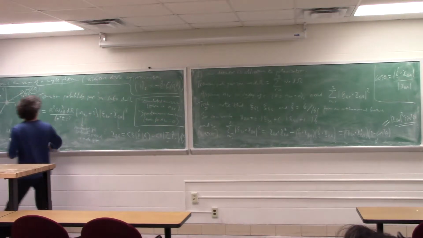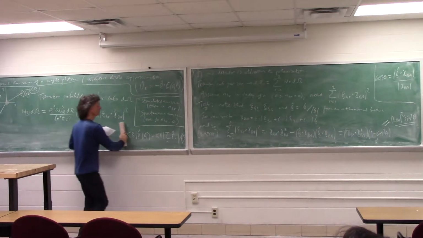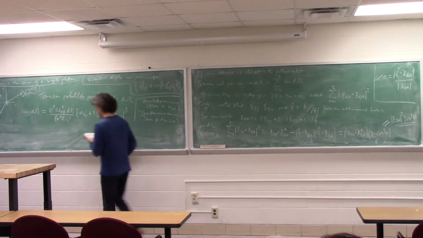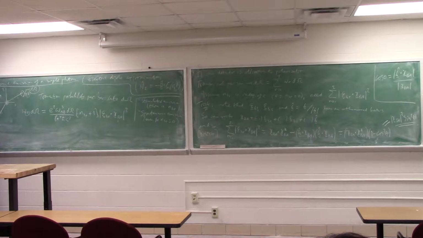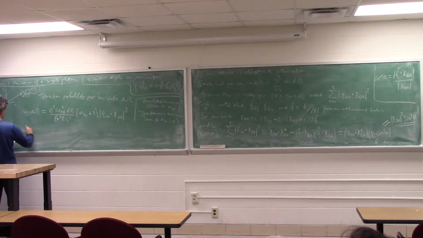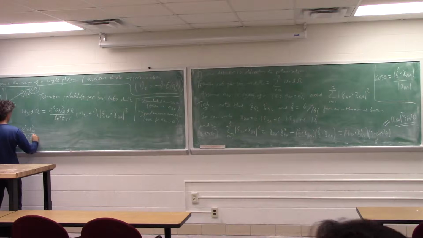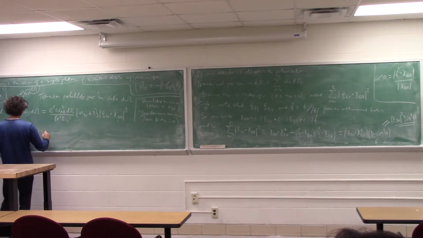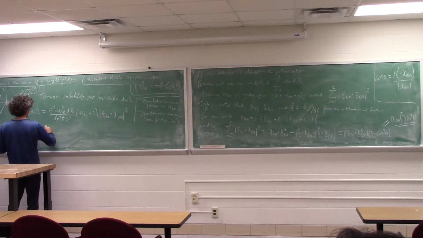So what happens then is that if I sum, so with that trick, summing over the polarizations, the transition probability per second into d omega summed over the two polarization states is equal to e squared omega ab cubed over 2 pi squared h bar c cubed d omega times, well, the book has been a bit naughty here.